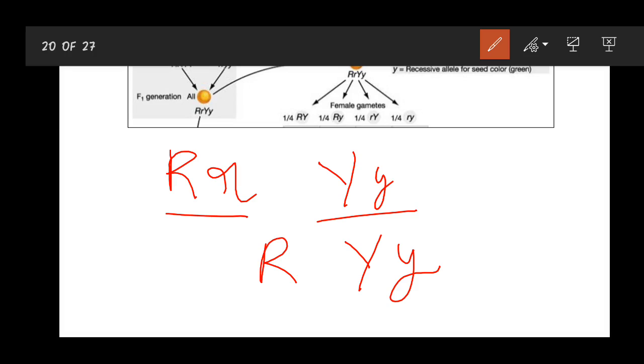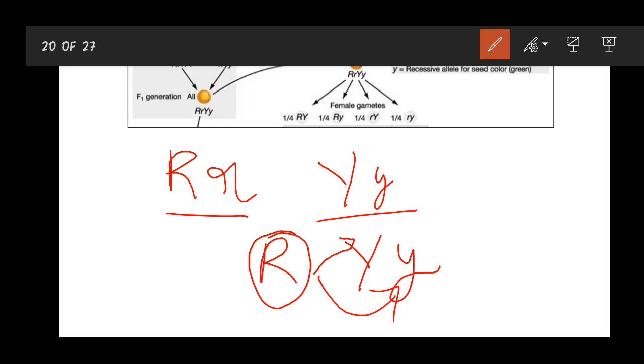This capital R, which is an allele of a particular trait, is independent in the sense that it can assort either with capital Y or it can go with small y during gamete formation. When gametes are formed, there is no set rule that the dominant allele should go with another dominant allele. Is that clear?